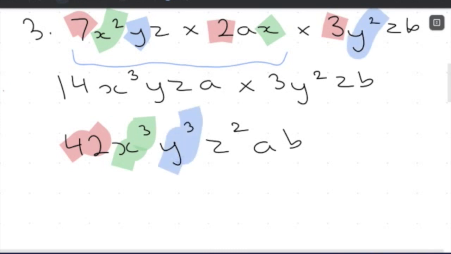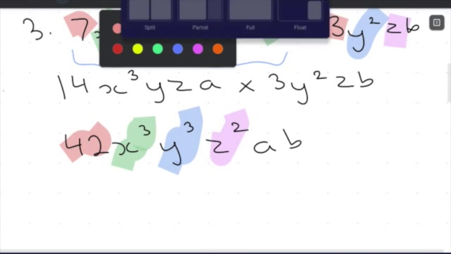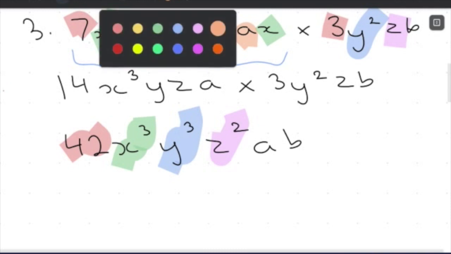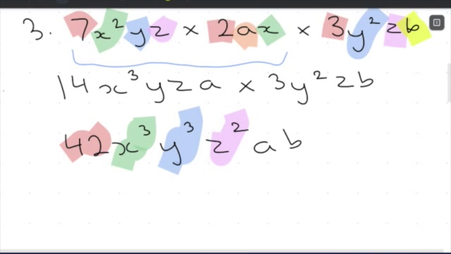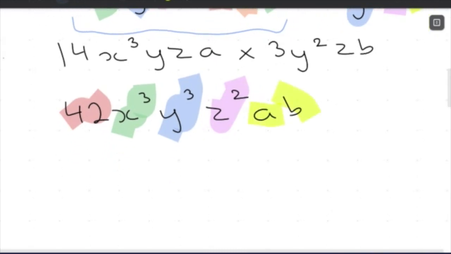We have a product of z's, which gives us z squared. And we just have an a on this side, and we've got a b on this side. These terms are different, so we can just multiply them at the end as we need them.